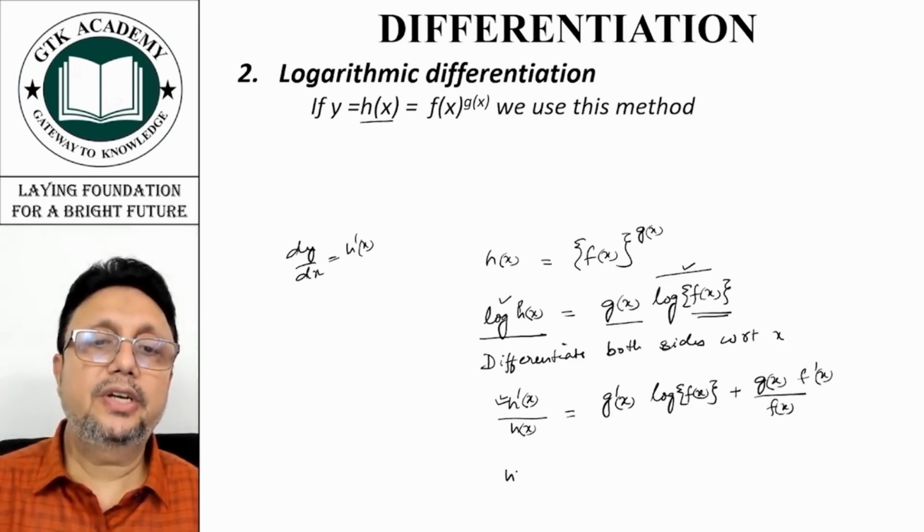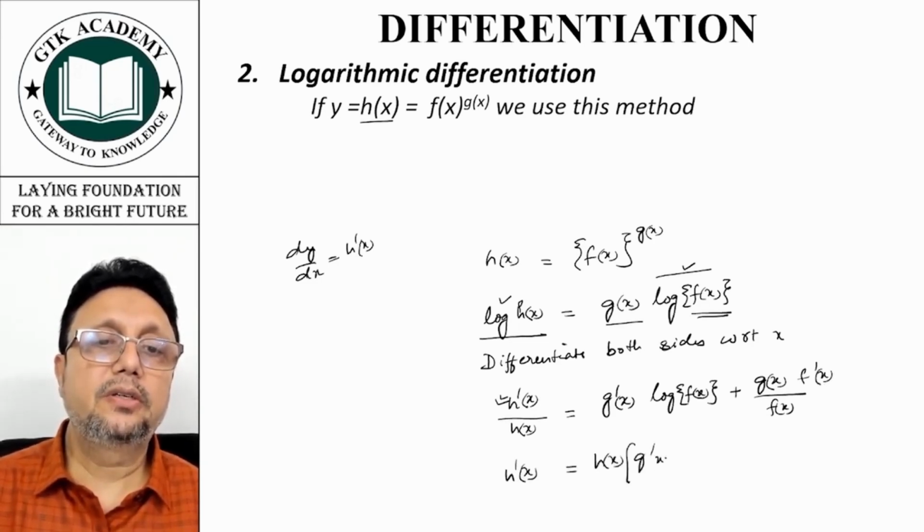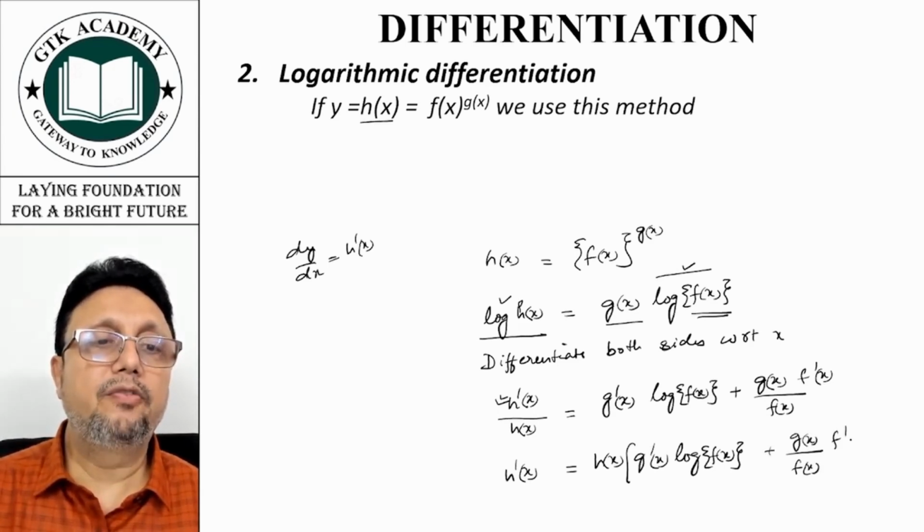So your h dash x, that is dy by dx, is equal to h(x) into [g dash x log f(x) plus g(x) upon f(x) into f dash x].